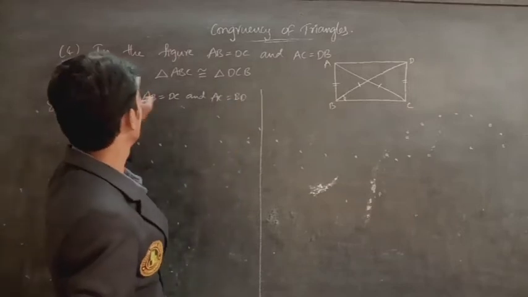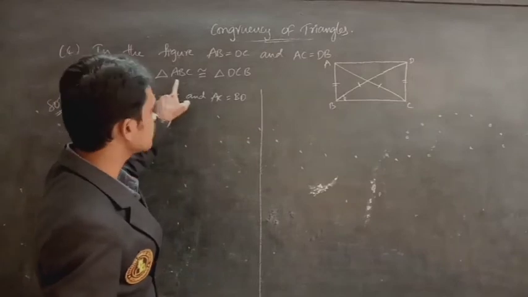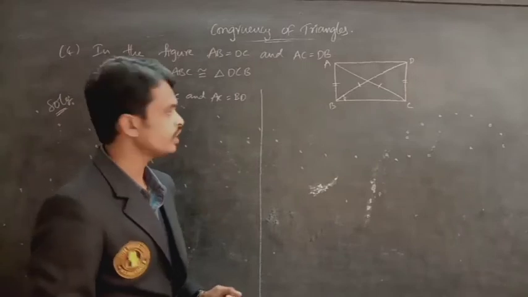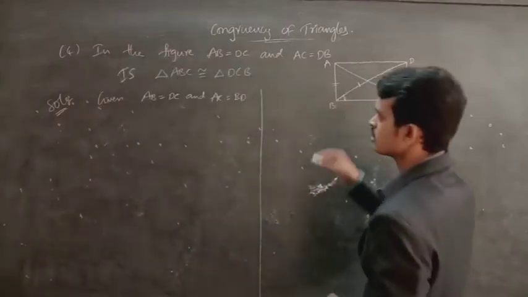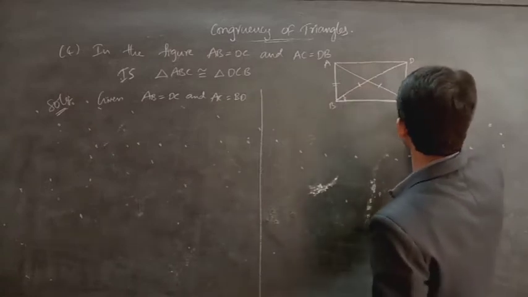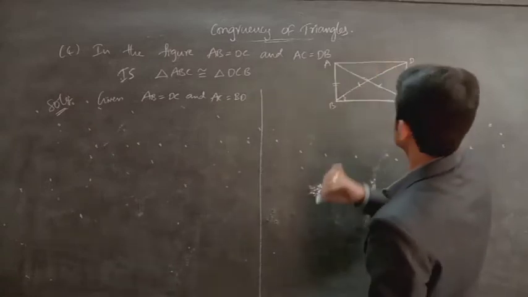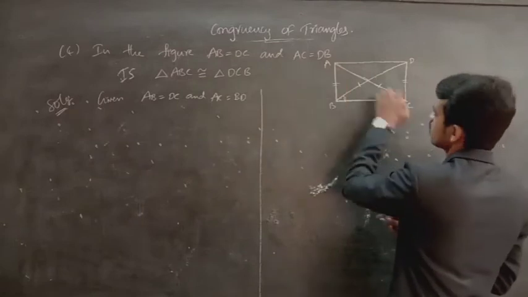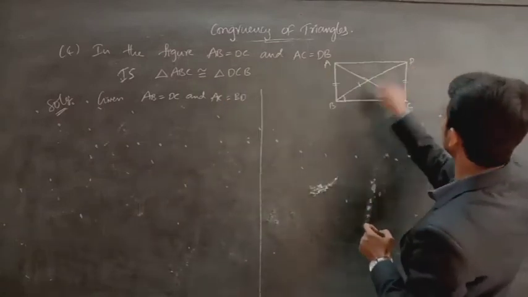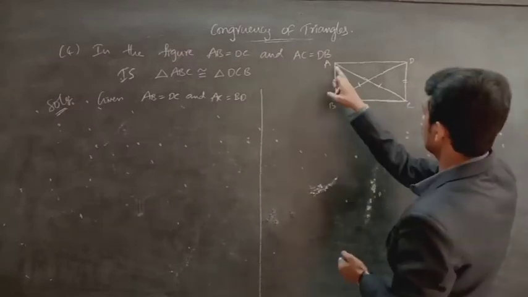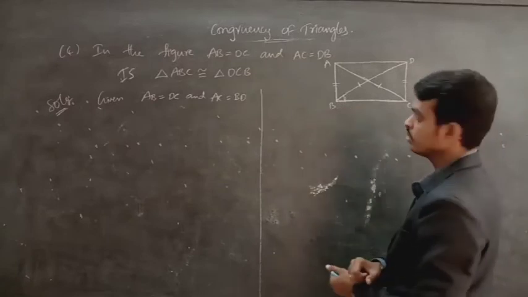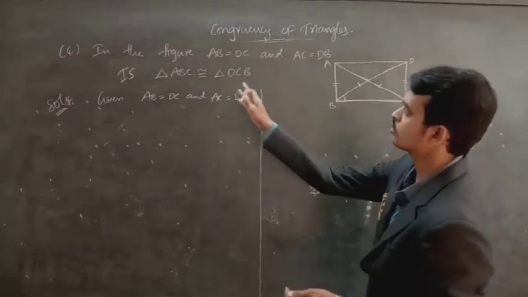So here, is triangle ABC congruent to triangle DCB? They are asking whether these two triangles, triangle ABC and triangle DCB, are congruent or not.